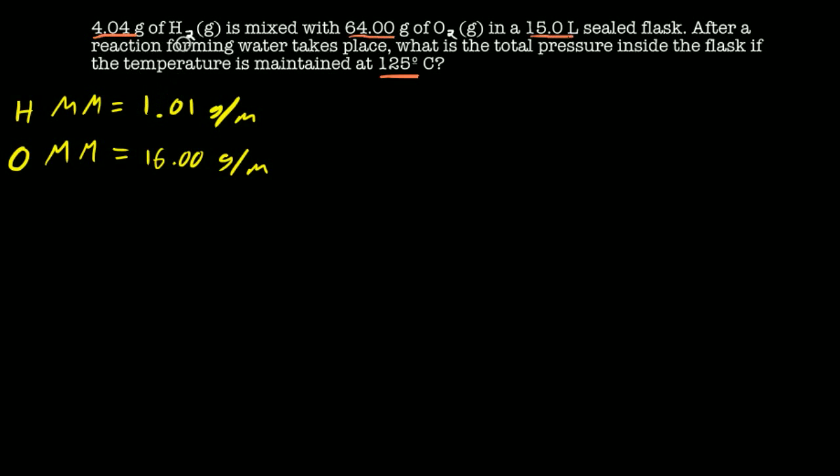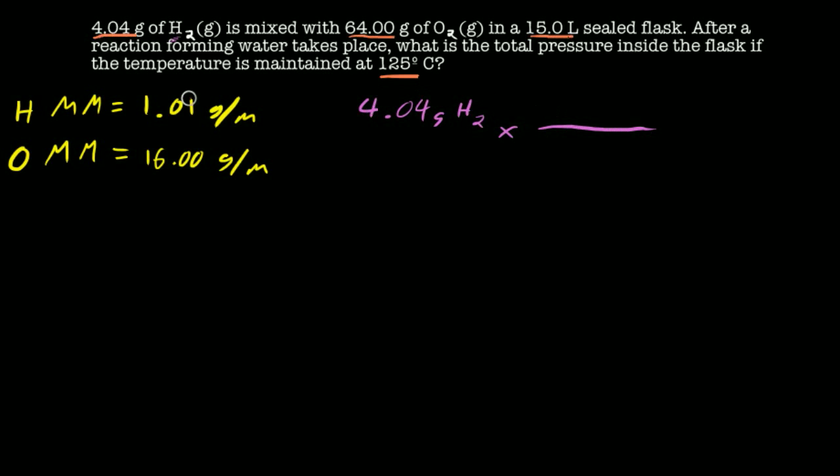And keep in mind, we're not really concerned with how many atoms we have. We want to know how many little particles of gas we have floating around. Remember that there are 2 hydrogen atoms in each of those little molecules of gas. So in order to figure out how many moles we have, we take our mass in grams, 4.04 grams of H2.